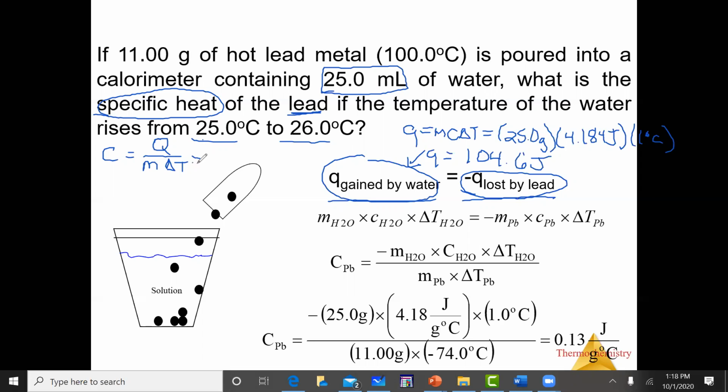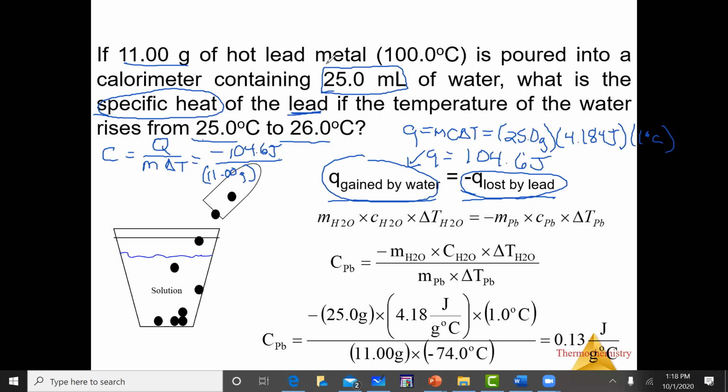So the Q value should be negative 104.6 joules. Our mass of the lead, we do have somewhere, yeah, 11.00 grams of our lead.